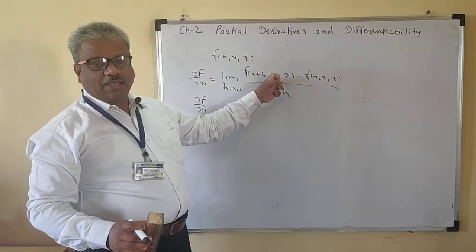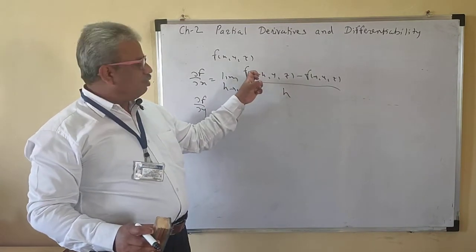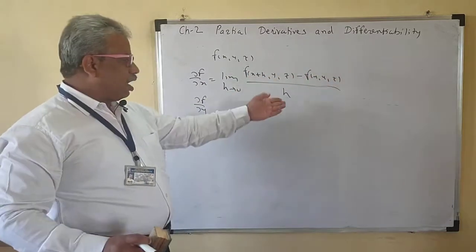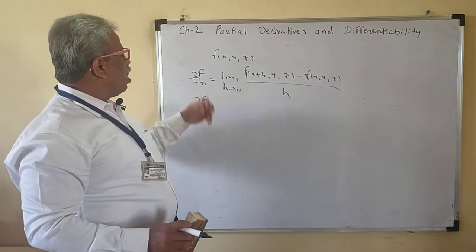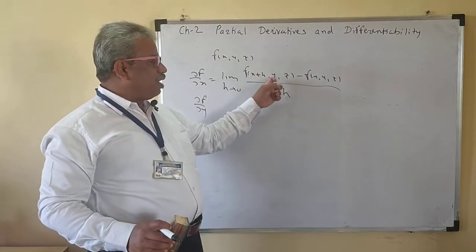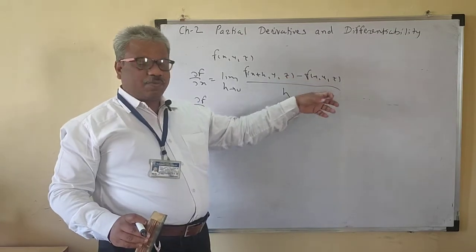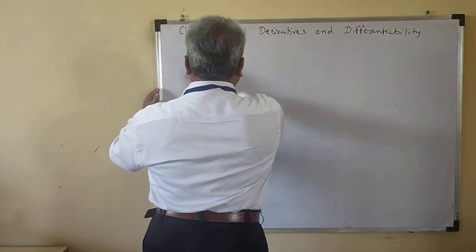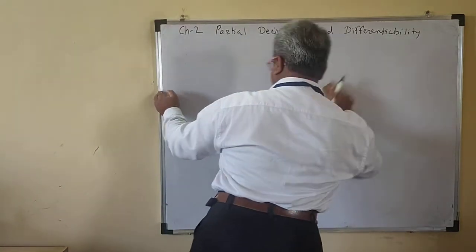We will increase only y by k, x will be as it is. F of x, y plus k, z minus f of x y z upon k. For z we will write r. Limit r tends to 0, f of x, y, z plus r minus f of x y z upon r. So this is for 3 dimensions or any dimension you can write.